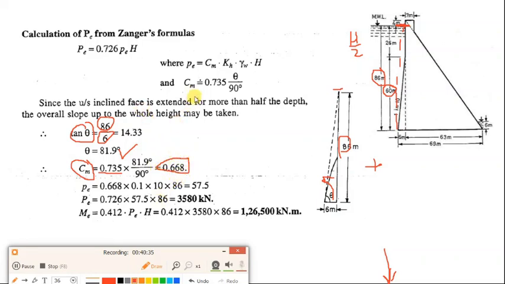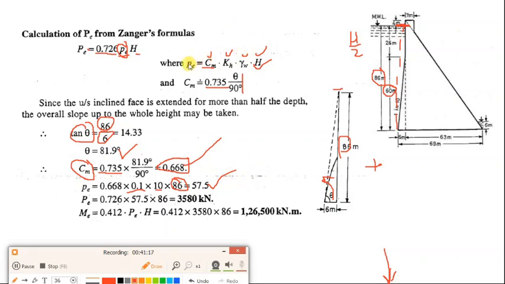Now the hydrodynamic force can be calculated by 0.726 PE into H. What is PE? PE is Cm into KH into gamma W into H. Cm is 0.735 theta by 90, which is 0.668. KH is 0.1 here, gamma W is 10 and H is 86. So this will give you the value 57.5.